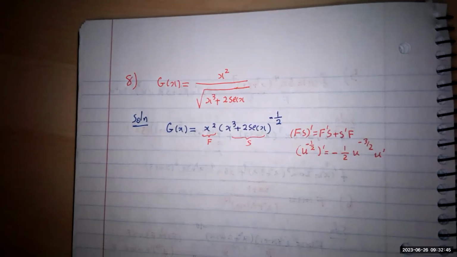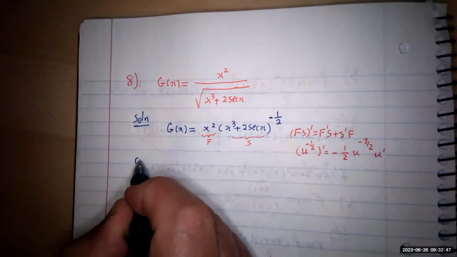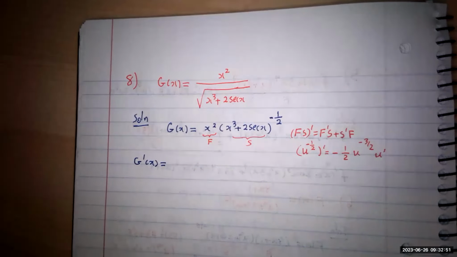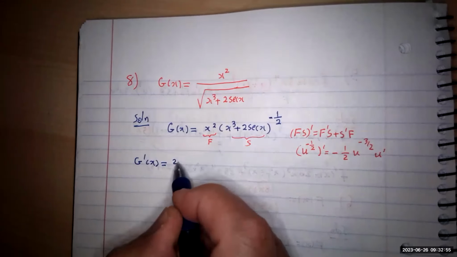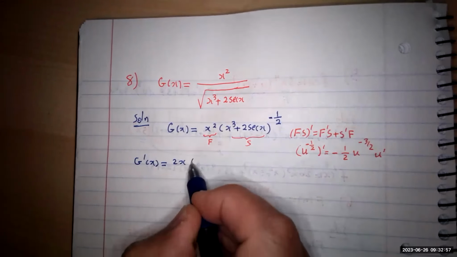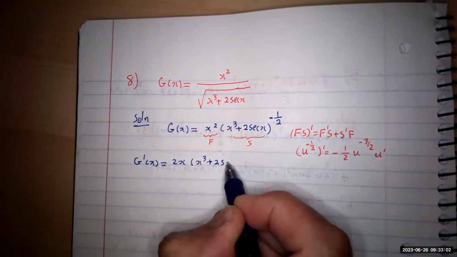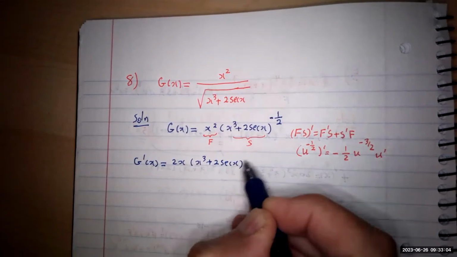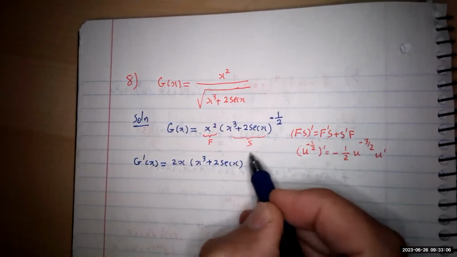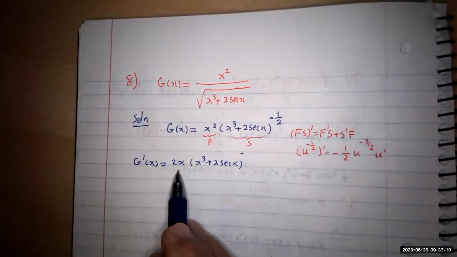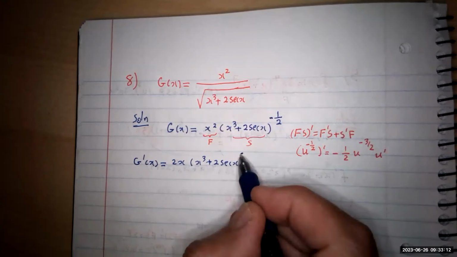So there you are. g prime of x is going to be the derivative of the first times the second. The derivative of x squared is 2x, times the second function, x cubed plus 2 secant of x to the what? Sorry, this is the derivative of the first times the second as is.